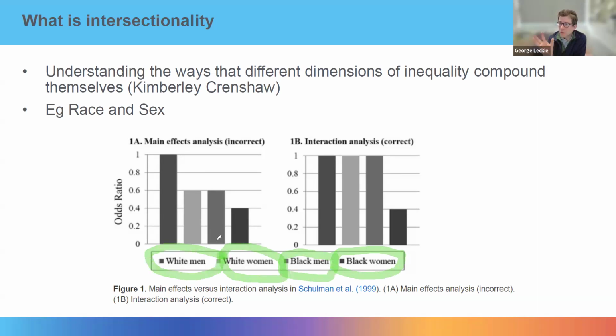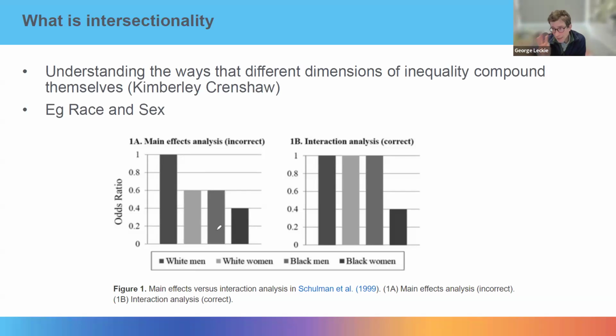When you want to do that nuanced description across intersections, you really need to at least explore whether the patterns which are really out there in the real world are more complex than what a naive main effects analysis would suggest. And of course, in this particular example that Andy talked through at length, there were distinct differences.